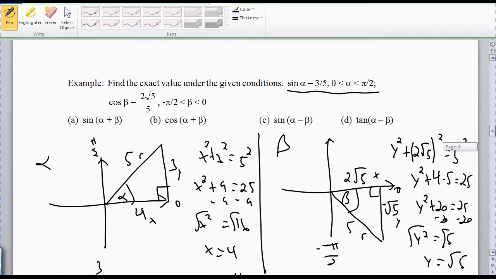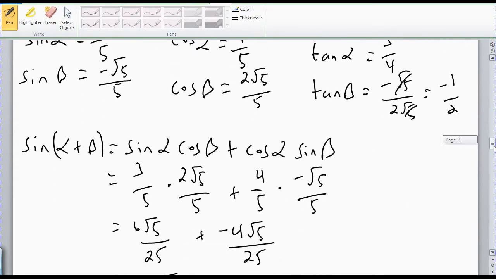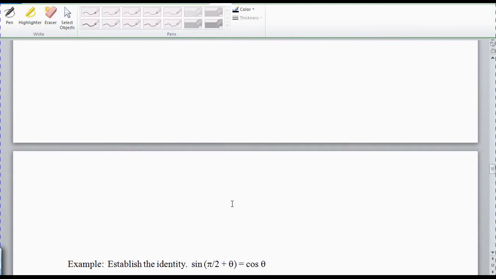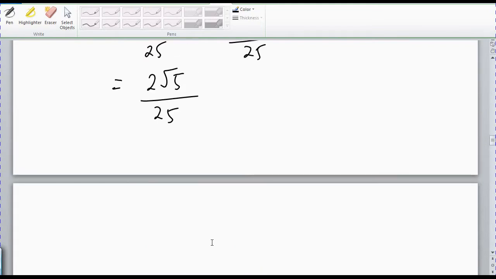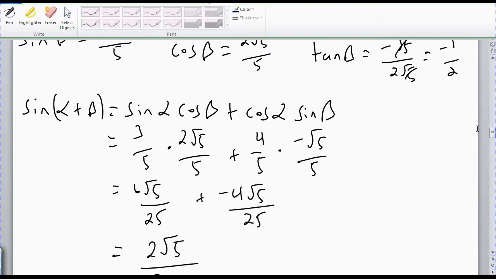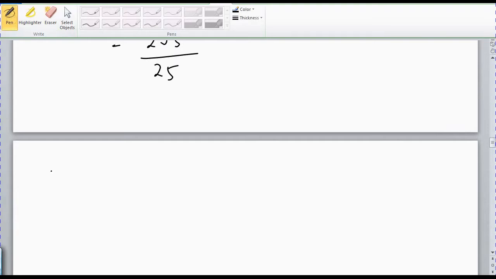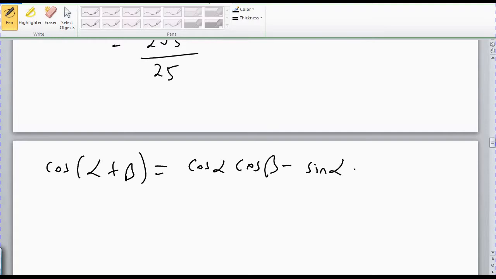Now we want to do cosine alpha plus beta. Cosine alpha plus beta is cosine alpha cosine beta minus sine alpha sine beta.